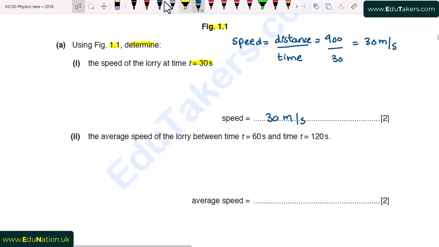Part B. The average speed of the lorry between time t equal to 60 seconds and time t equal to 120 seconds. Here we have to find the average speed.